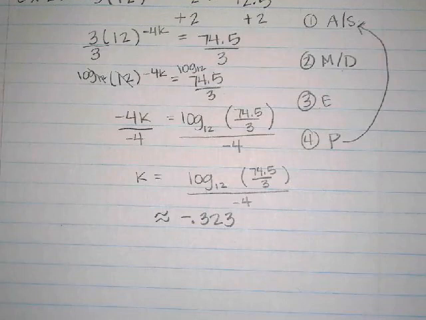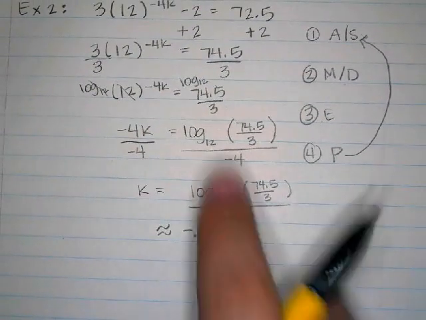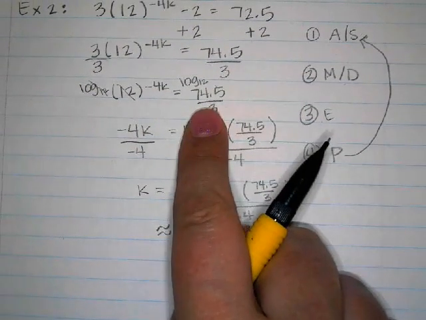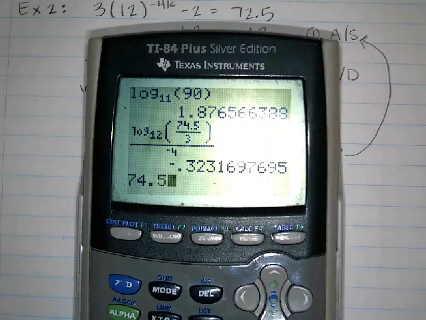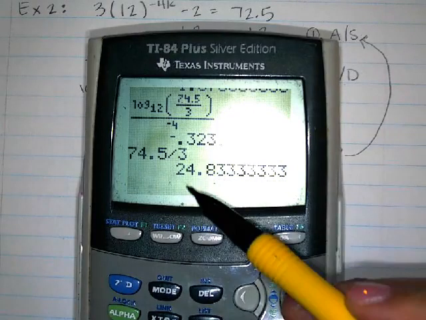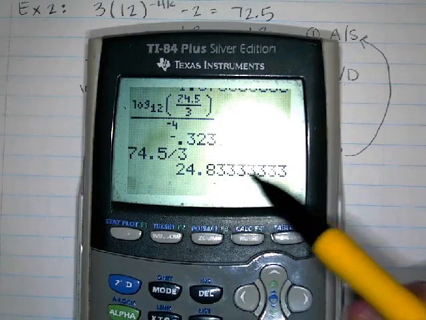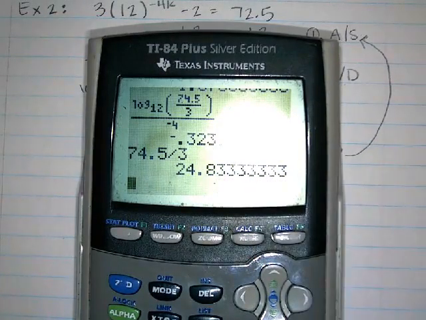Now, we could have used decimals as we went, as long as we left them in the calculator and didn't write them on our paper and then use a rounded version. So if you wanted to do 74.5 divided by 3 and write 24.83 on your paper, that would be fine.